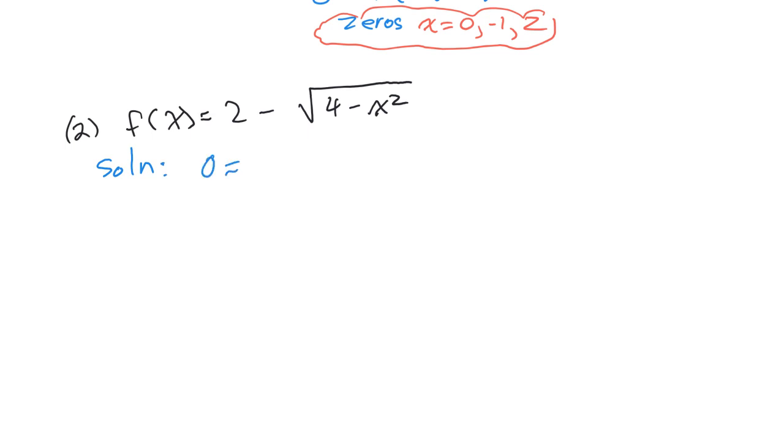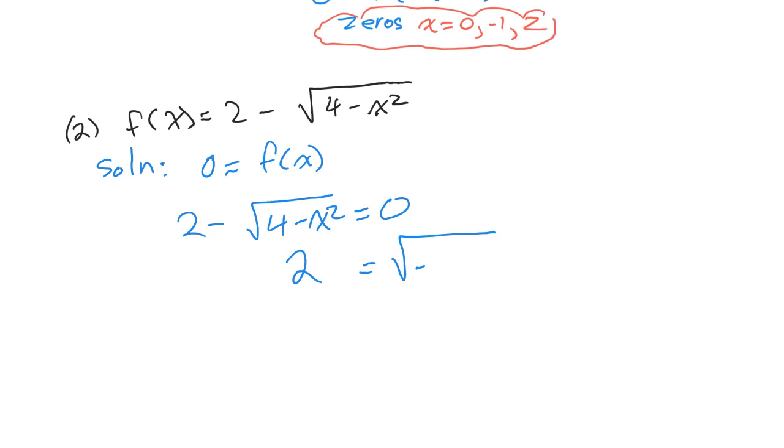You start by saying let f of x is equal to 0, or 0 equals f of x, doesn't matter. So now you've got 2 minus the square root of 4 minus x squared is equal to 0. We put this here and bring that over there. So we've got 4 minus x squared now on the root side.